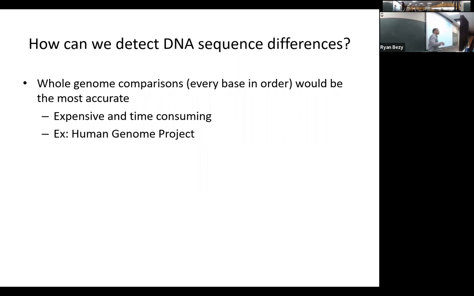But that was because to do that, they had to basically invent new technologies that did not exist previously. And that project was heavily funded, heavily worked on for years. And it turns out most of the time consuming and expensive work was at the front end of the project.